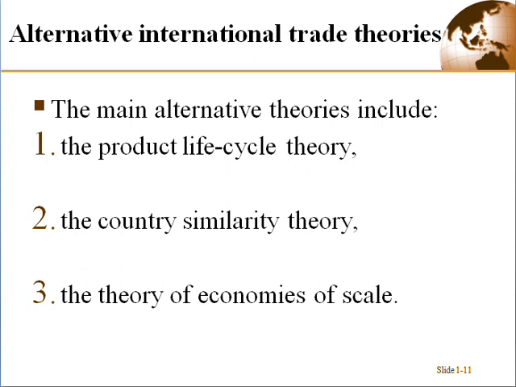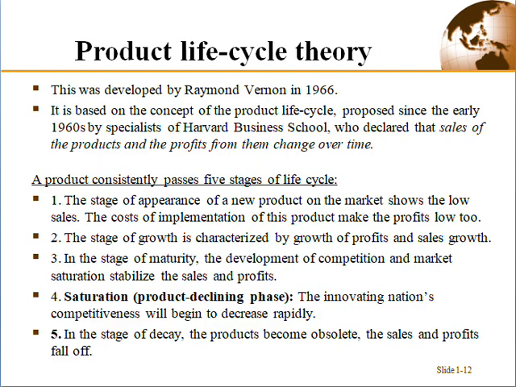Here we want to quickly look at three major theorems in this category. There are many others, but the product life cycle theory, the country similarity theory, and the theory of economies of scale. The product life cycle theory clearly states that products have 5 stages.